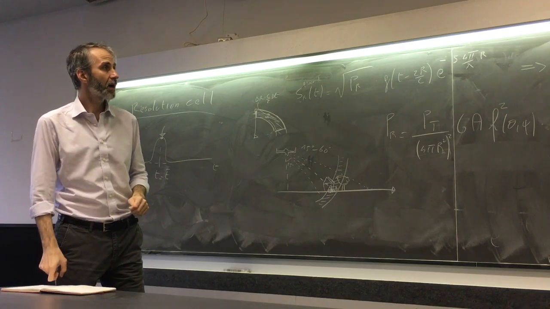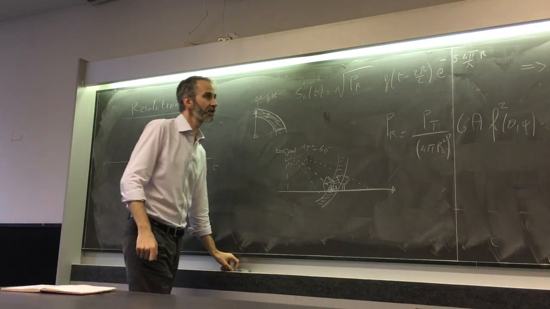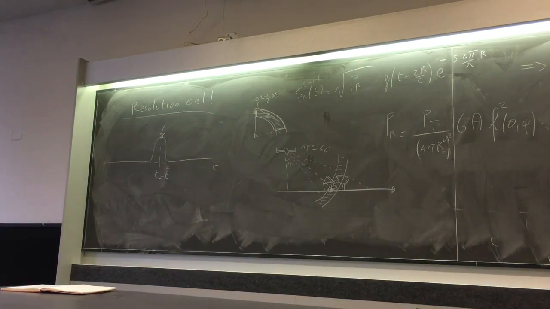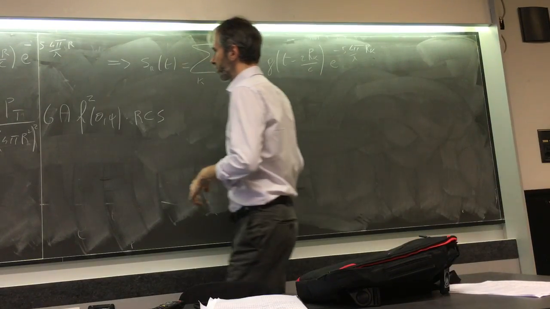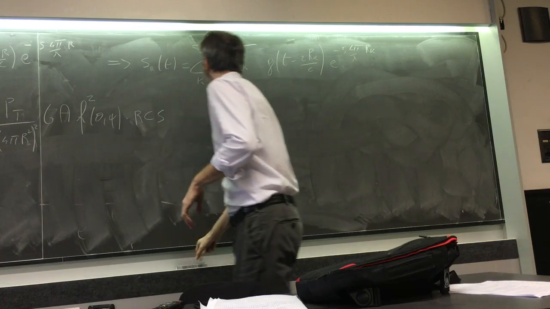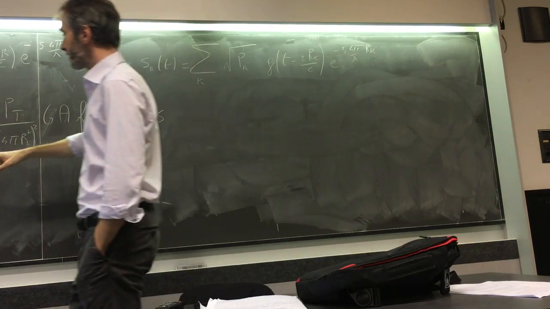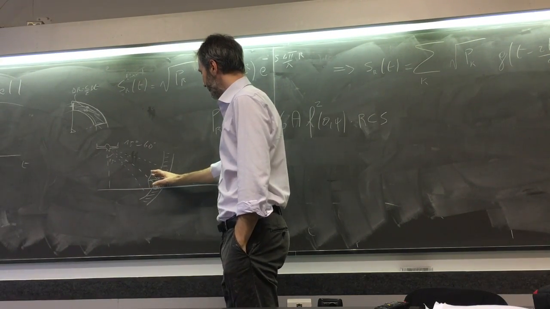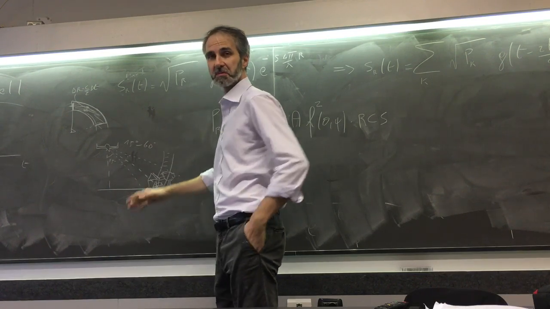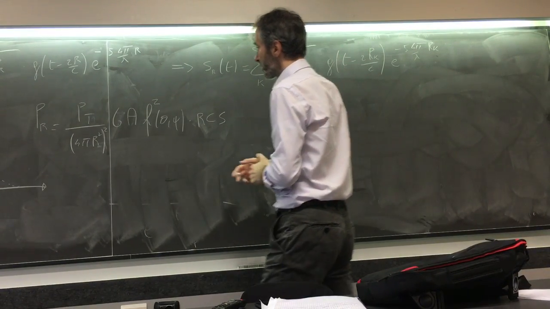Now, let's characterize this a bit further. Let's assume that all the targets in the same resolution cell are also seen from similar angles, because we have a beam, so we are looking more or less at the same angles.